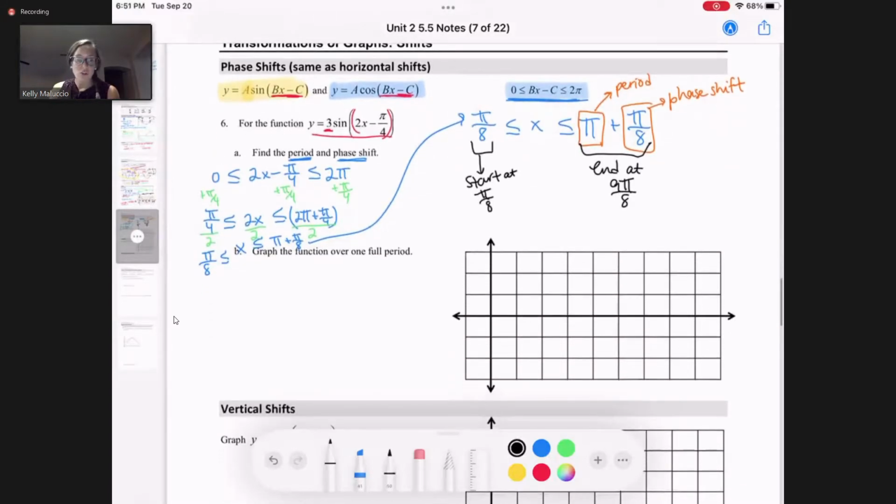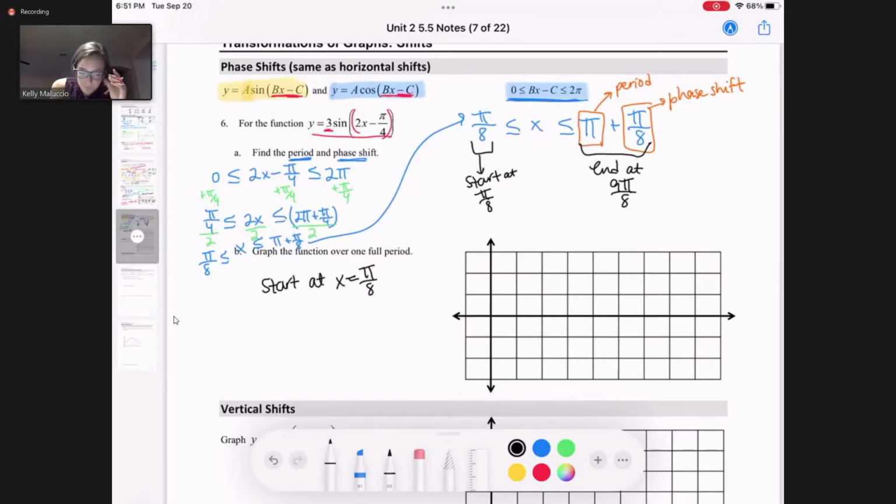So let's try to graph this. We'll start to graph this, start at when x equals 0. Oh wait, not when x equals 0, x equals pi over 8. I'm sorry. Start at x equals pi over 8, but when we plug this in, it ends up being 0.